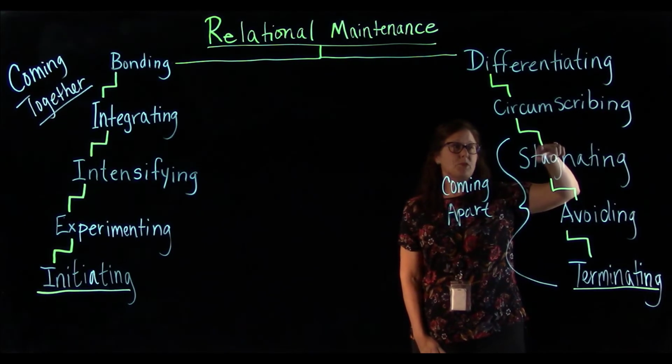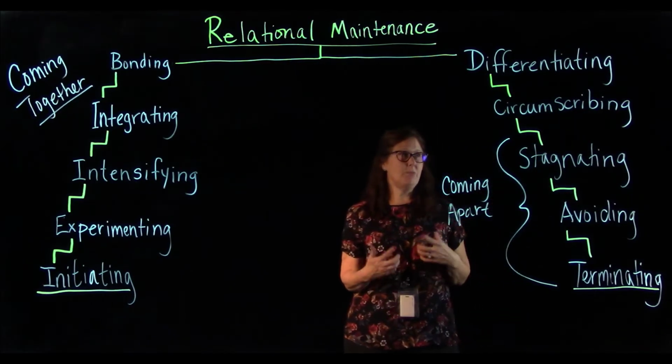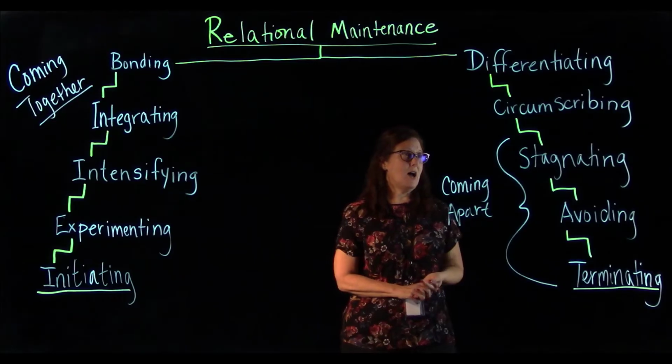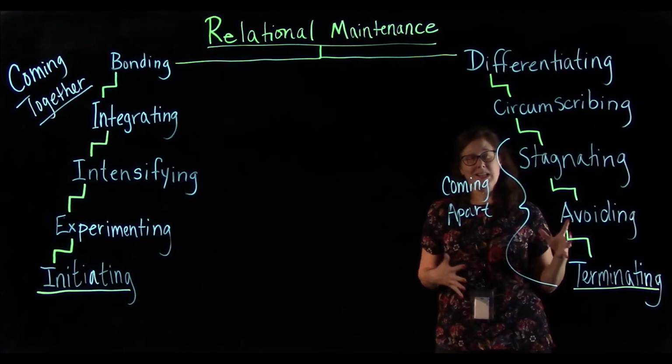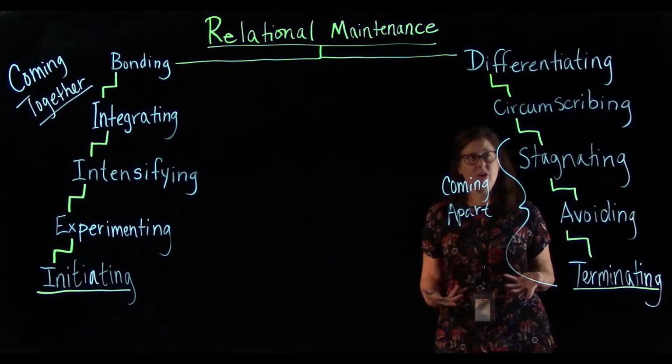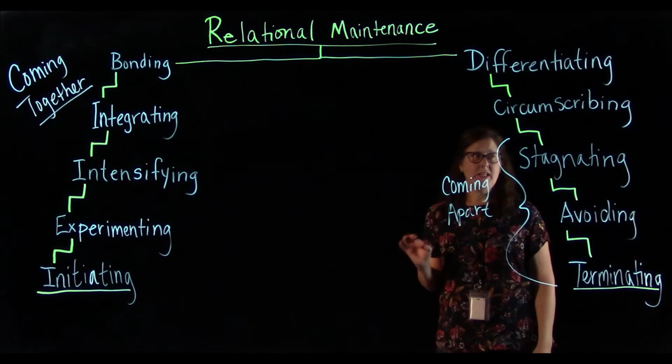So from circumscribing, because we know we want to be sensitive and not provoke the other person, and we know that we want to, maybe we're walking on eggshells and we're being extra careful, we also can risk going into stagnation.